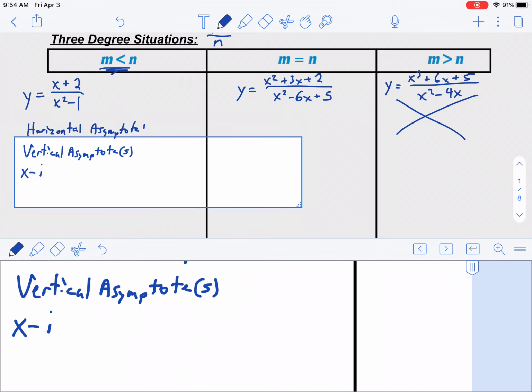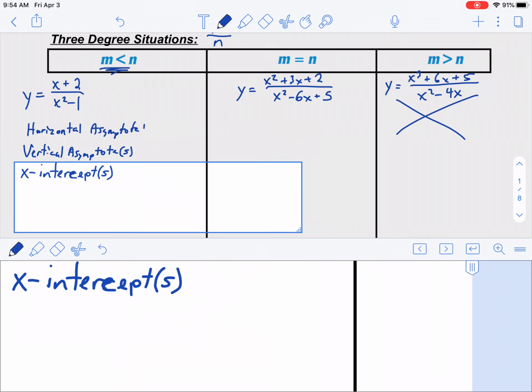We can find our x-intercept, and I'm going to put a little S on that one as well because you can have more than one x-intercept. And the y-intercept, and you can only have one y-intercept. You could have 0, but you can't have more than one.